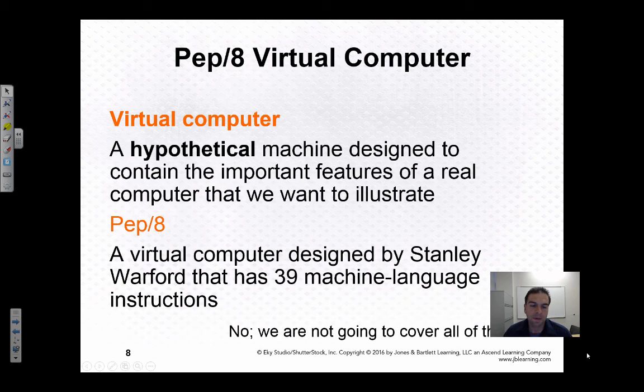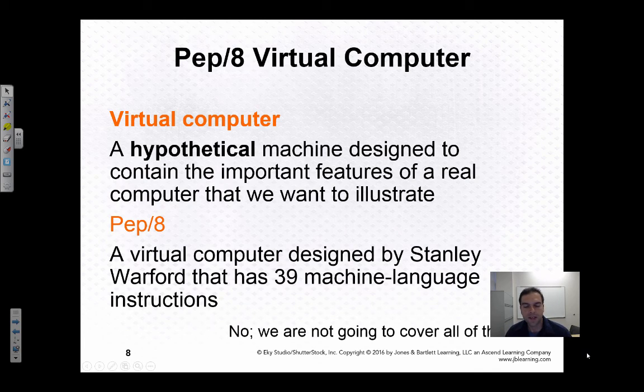This is for some hypothetical machine, and it has a lot of the important features of a real machine. So by playing with PEP8, you will develop the mental pathways it takes to understand assembly. And should you, for some reason, need to deal with Motorola, I think it's HC11, or an x86 processor or whatever, you will be ready to do it.